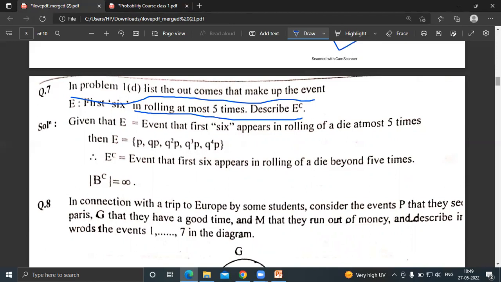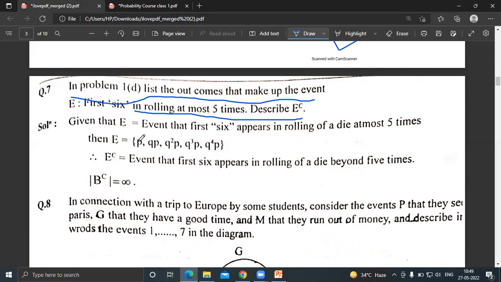How many times we have to roll the die, we don't know. But here it's given to list the outcomes that make up the event. E is the first 6 in rolling at most 5 times. So at most 5 times means what? At most means maximum, we have to roll 5 times.